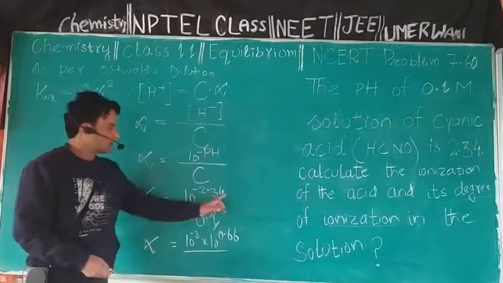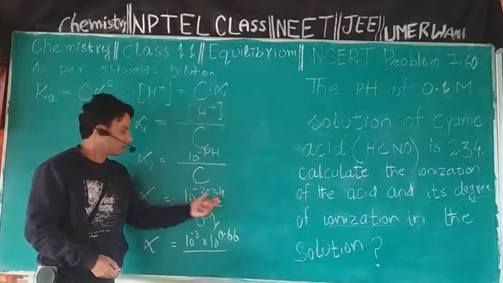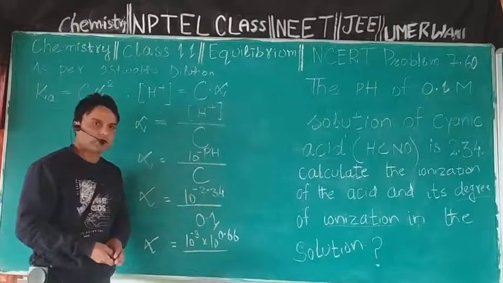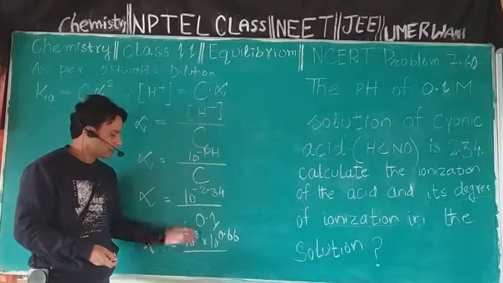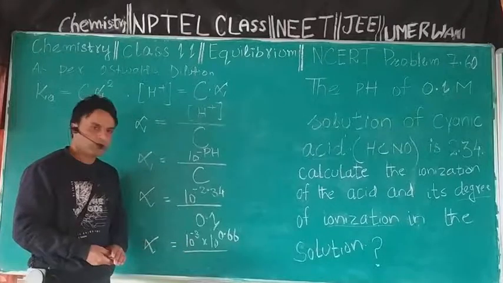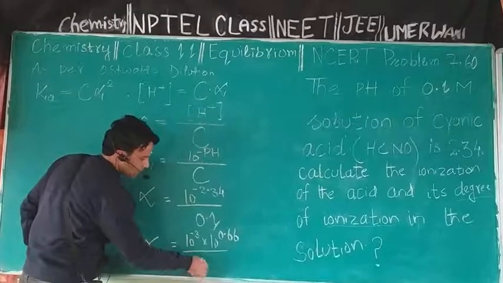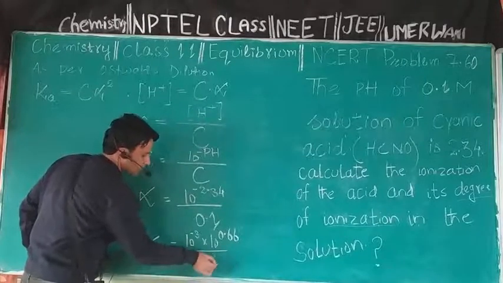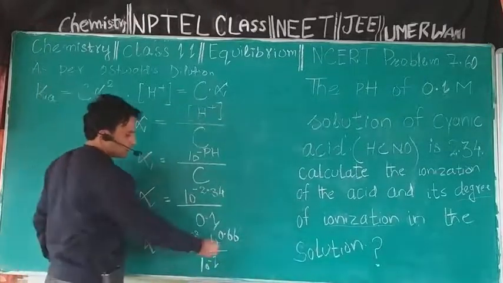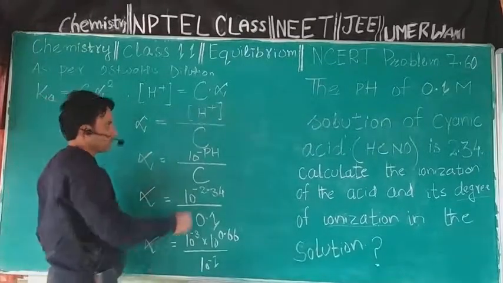I am multiplying by 10 raised to the power 1 and 10 raised to the power minus 1 to the numerator on the RHS of this equation, and finally I get 10 raised to the power 0.66 into 10 raised to the power minus 3 divided by 10 raised to the power minus 1. 10 raised to the power 0.66 is equal to 4.5.